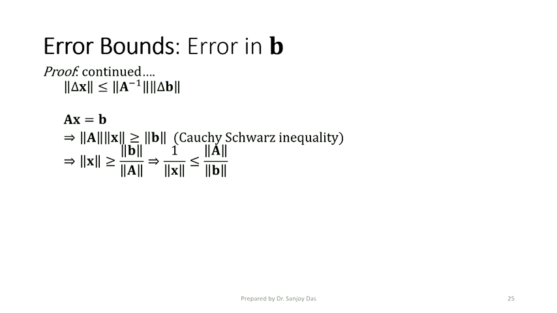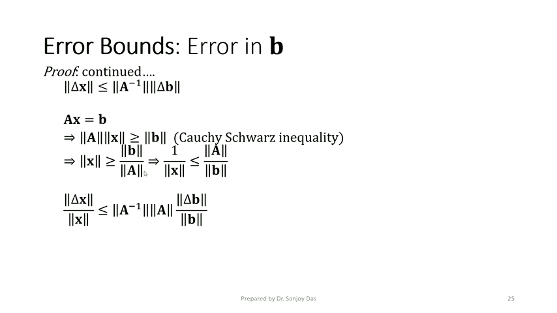Are you guys clear with this so far? Now I have these two equations, and I have the less than or equal to in both cases. So I take the left hand sides and multiply them together, take the right hand sides and multiply them together. What do I get? This less than or equal to still holds.